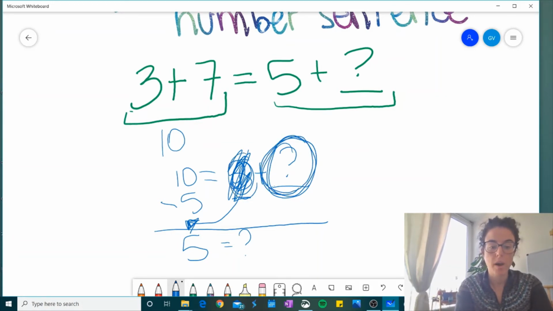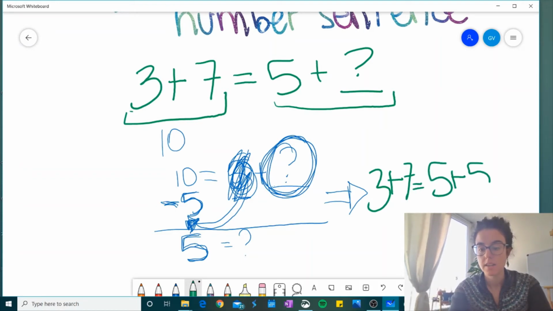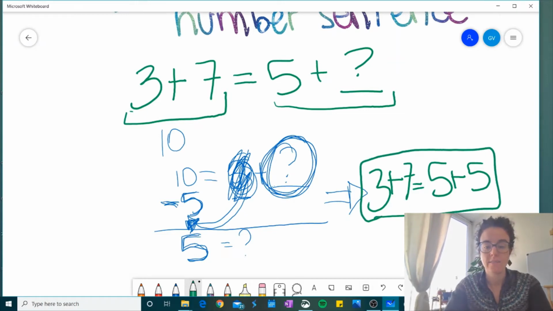So we take the 5 away, and we know that 10 minus 5 is equal to 5. So 5 is what we should put where the question mark is, which means that our balanced number sentence looks like this. 3 plus 7 is equal to 5 plus 5. And that is what it looks like in the end.